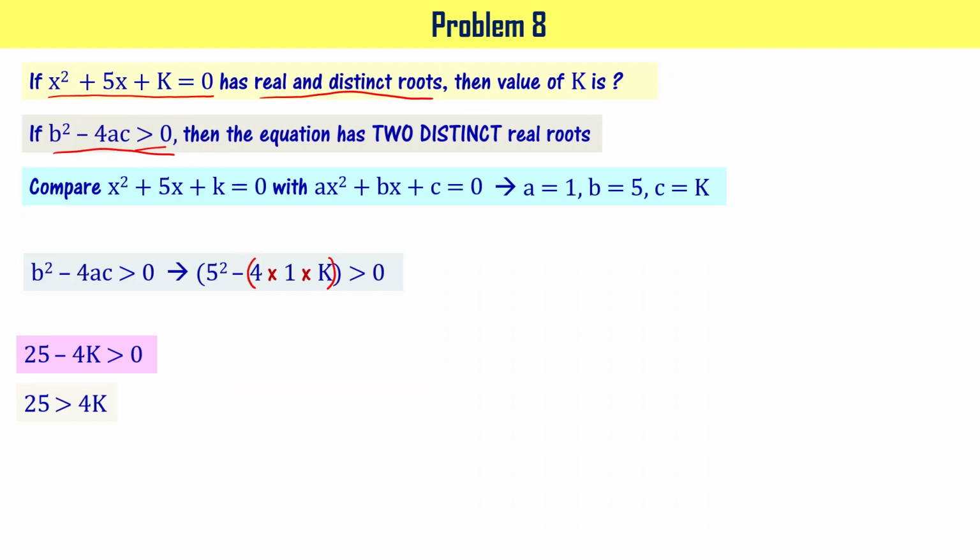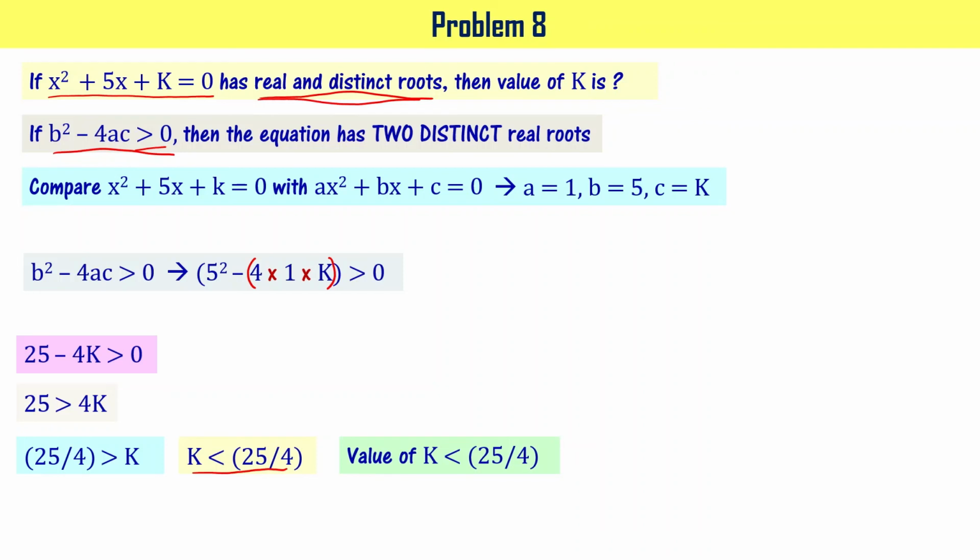It can also be written as 25 divided by 4 is greater than k, right? It means k is less than 25 divided by 4, right? To have the roots to be real and distinct, the value of k has to be less than 25 divided by 4. This is what we are asked to find.